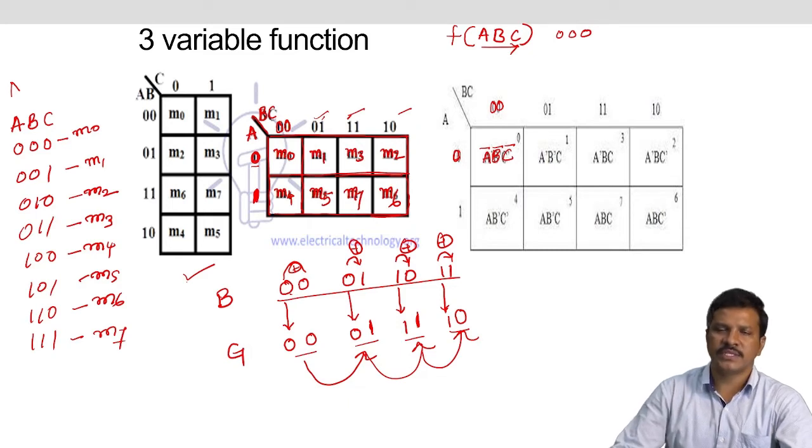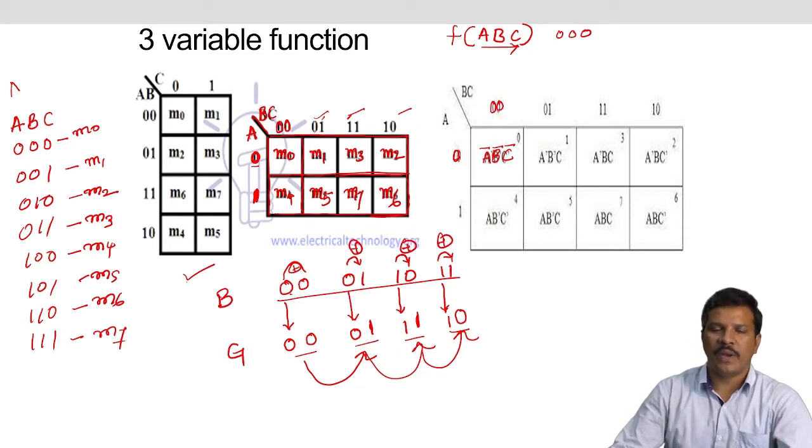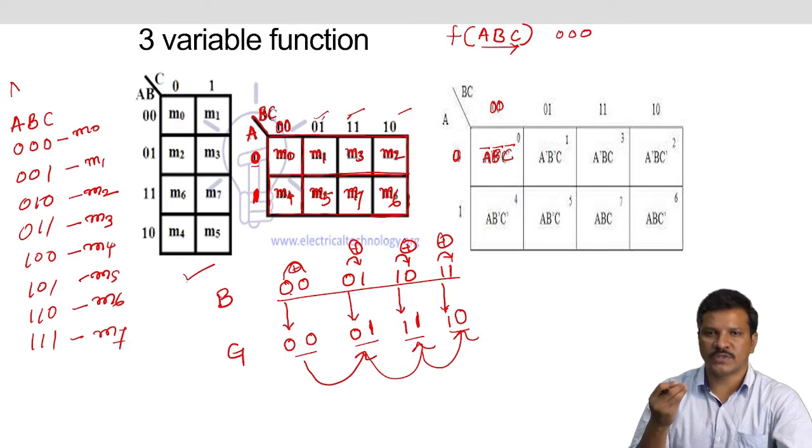Once we know this idea of placing minterms in the Karnaugh map, whatever the Boolean function, we can take it and place its corresponding minterms. The values of those square boxes are 1, the remaining values are 0, and then we can apply the Karnaugh map method to minimize the Boolean function.